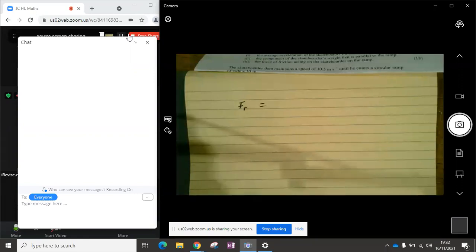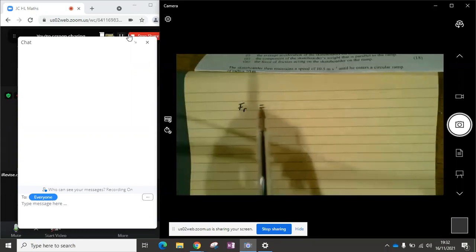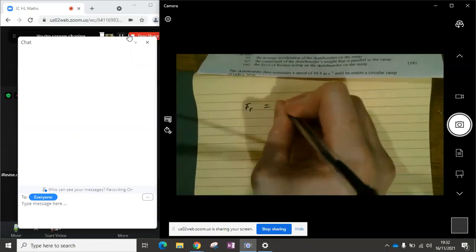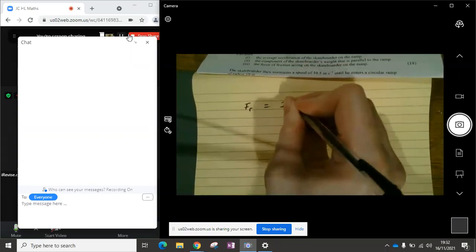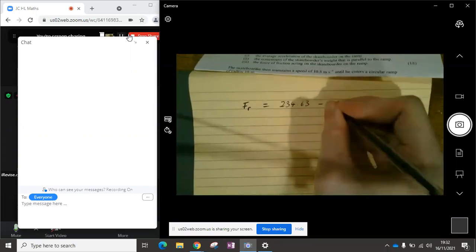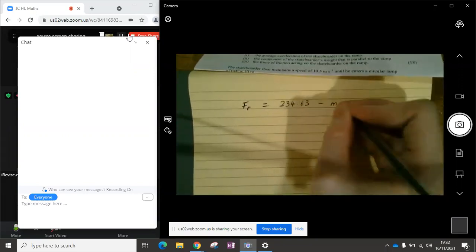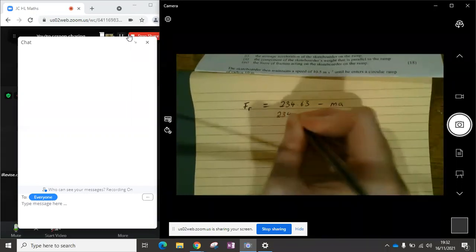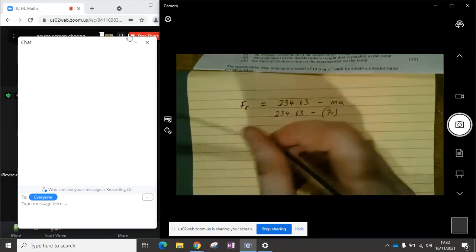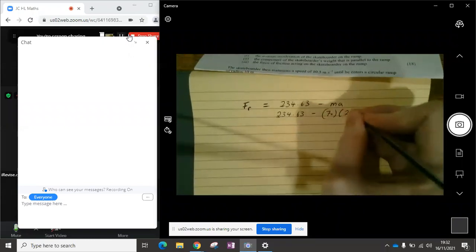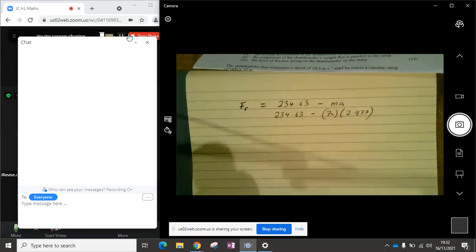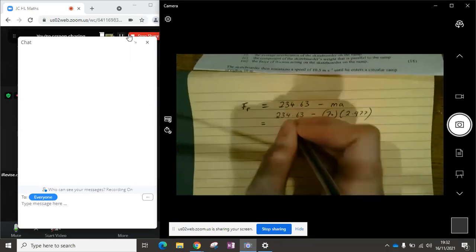Sorry, the connection issue there. So the force of friction on the ramp is going to be, well, his weight is going to be acting against it, 234.63 in the parallel direction, worked out in the last question, minus m times a, his mass times acceleration. So 234.63 minus his mass, which was 70, times the acceleration worked out in the first question, which was 2.977.